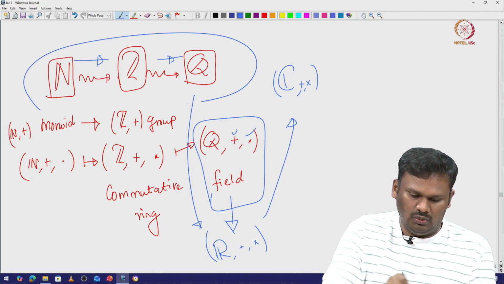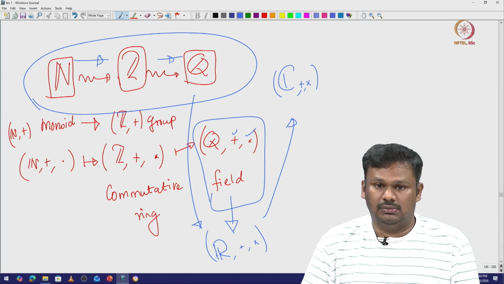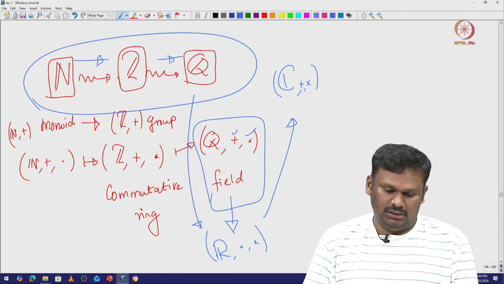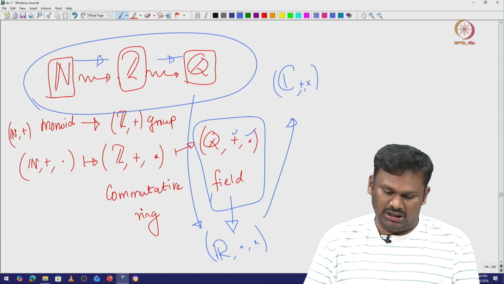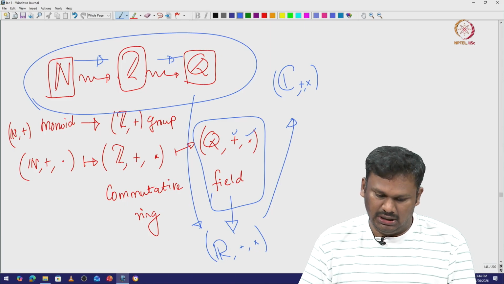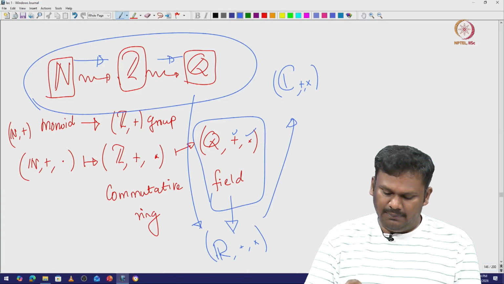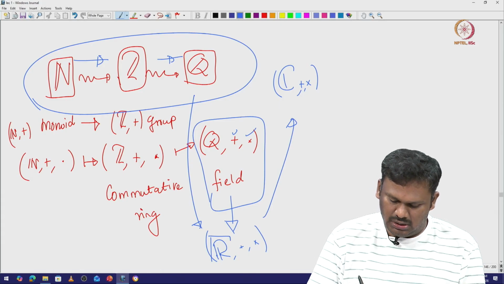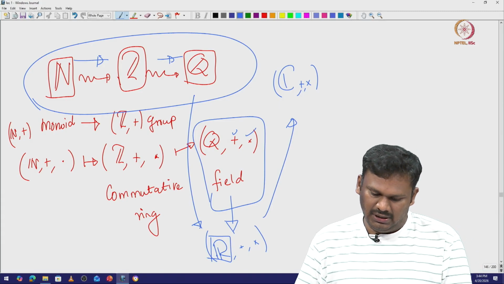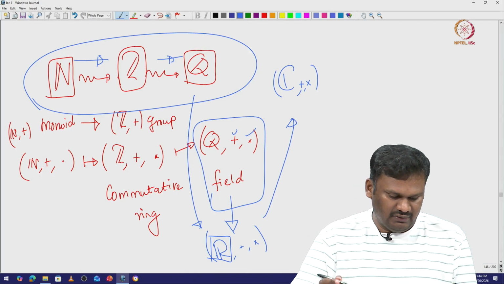Okay. So, at least for this course we will not go beyond rationals. We will only be working with natural numbers, integers, and rationals. We will not even touch the reals or complex numbers. Some places we may need to use a bit of real numbers and complex numbers, but whenever it is required we will come back to that.